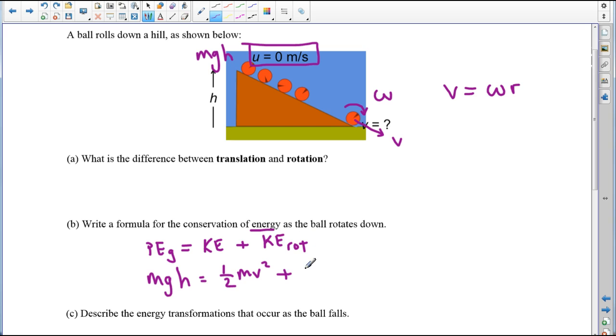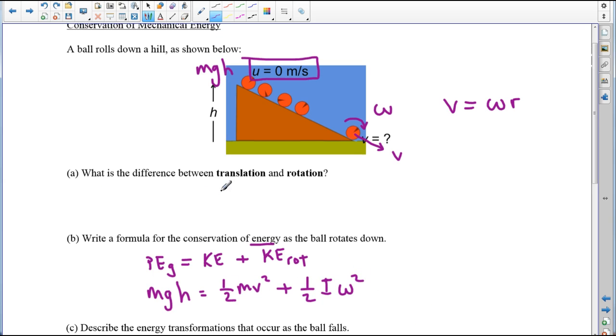The formula for rotational kinetic energy is 1/2 I times the angular speed squared. And what's the difference again? Well, translational motion, the 1/2 mv squared, is moving along the x, y, or z axes. And rotation is when an object is just spinning about an internal axis.